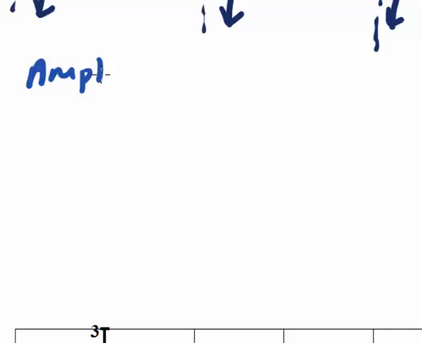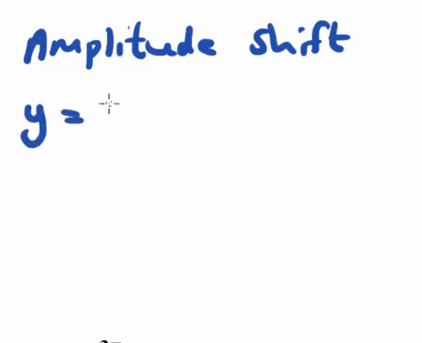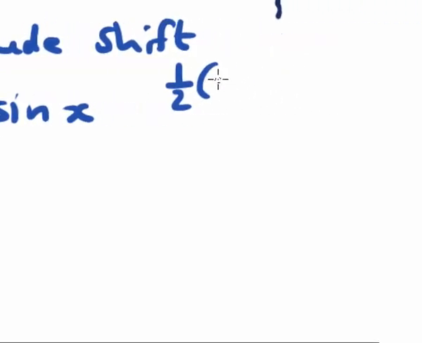amplitude shifts. Okay, just to revise the amplitude shift quickly. Now remember that a graph of that, if we take y is equal to, let's say, an example of 2 sine x, an amplitude shift of 2 sine x, we need to understand what is amplitude. And what amplitude is really half the distance between the max and the minimum.